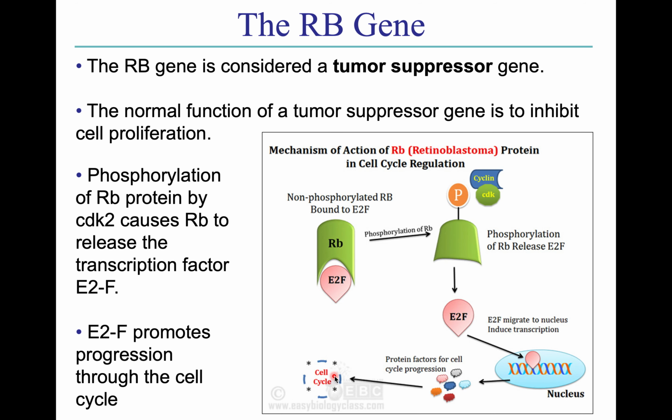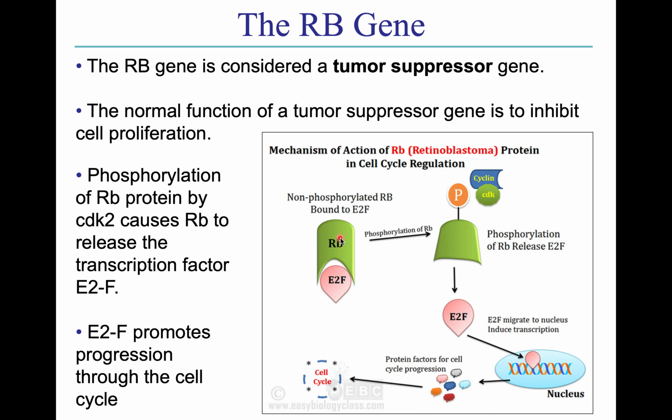Okay, so what is the retinoblastoma gene or the retinoblastoma protein do? Well, this is a classic example of what we'd call a tumor suppressor gene. Remember, tumor suppressors are proteins that inhibit cell proliferation. And retinoblastoma does that by acting at one of the cell cycle checkpoints, the restriction point before S phase of the cell cycle, basically preventing a cell from beginning DNA replication.